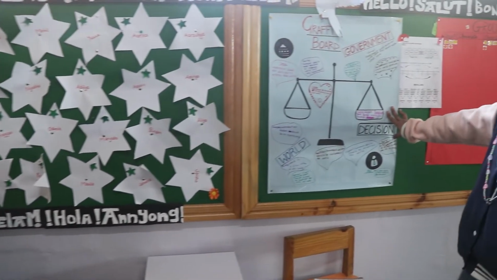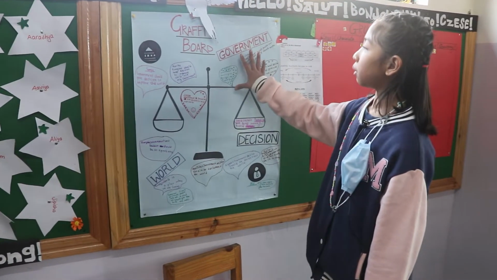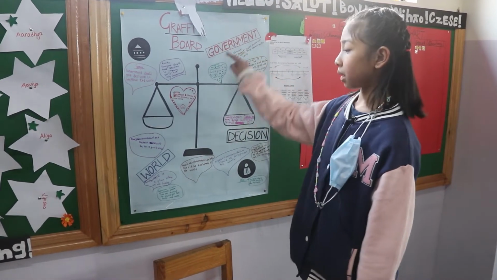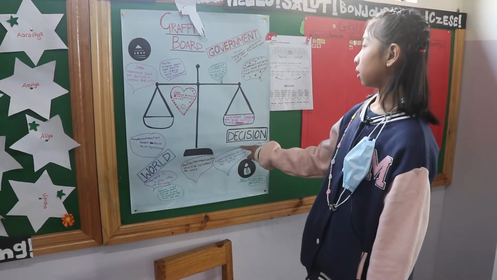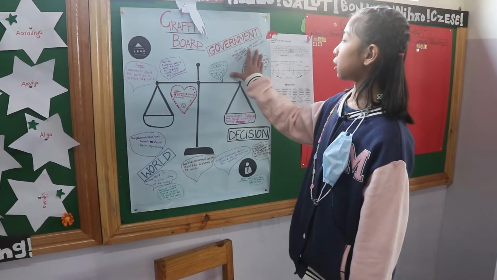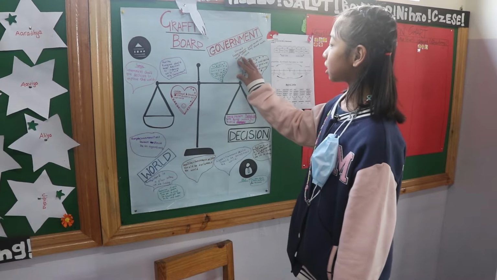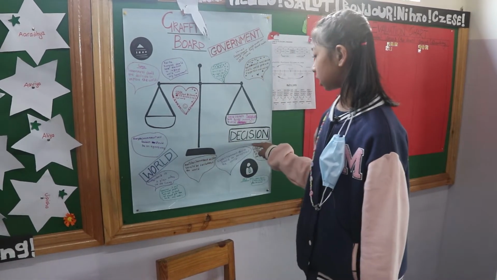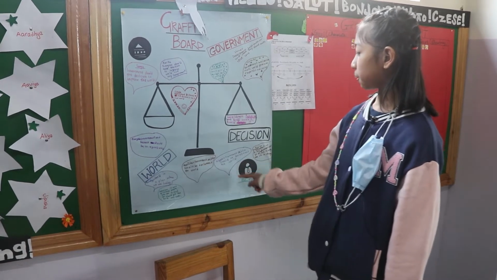And graffiti board. During this theme, we decided to do a graffiti board which contains government, world and decision. We wrote different perspective answers and wrote what we think is government, world or decision. We have also made some shapes.